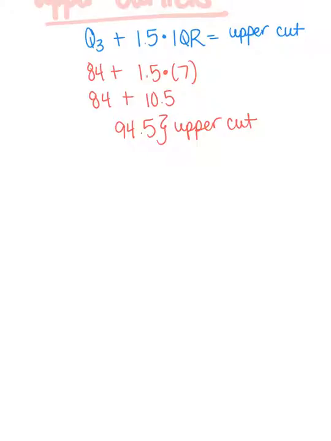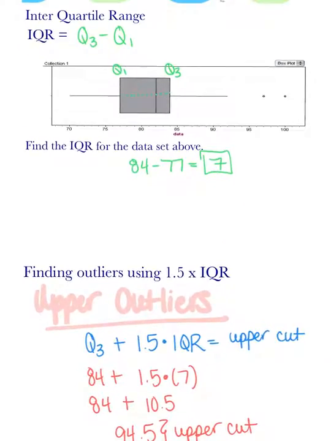consider an outlier. So now when I look back at the data, I can look at it in the box plot up here, I had 2 data points that were bigger than 94.5. I've got 97 and I have 100. So this is what's great about Fathom is whenever you take data and you put it in a box plot, it pulls those outliers for you. It tells you what they are.